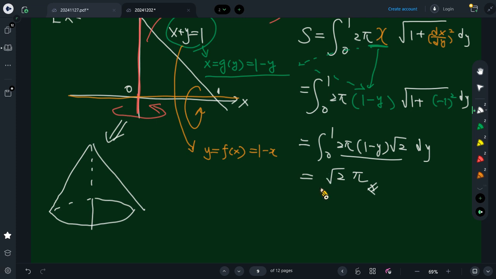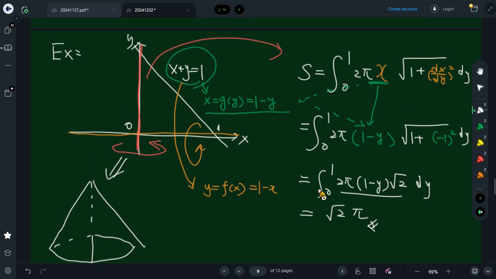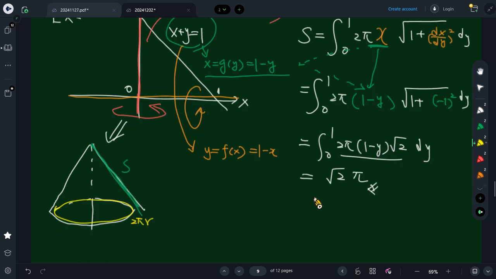If we follow the traditional geometric theorem, the slant side here is s, the whole circle here is 2 pi r, and the surface area A will be one half times 2 pi r times s.